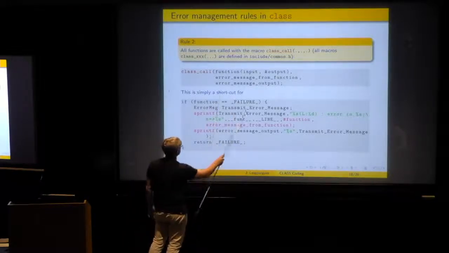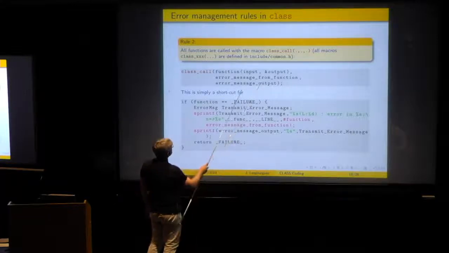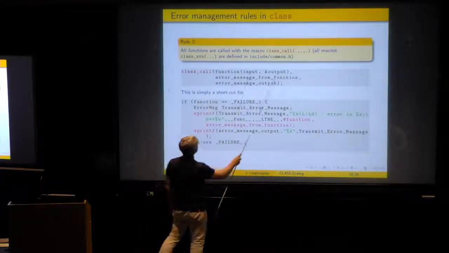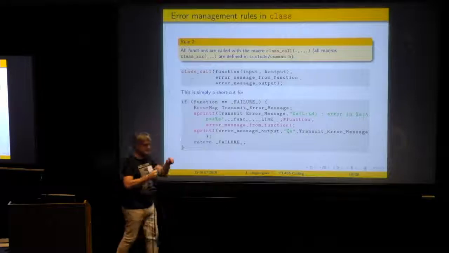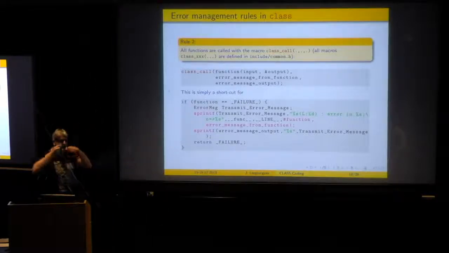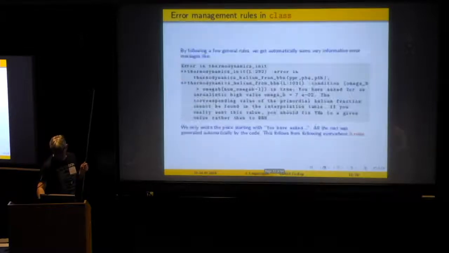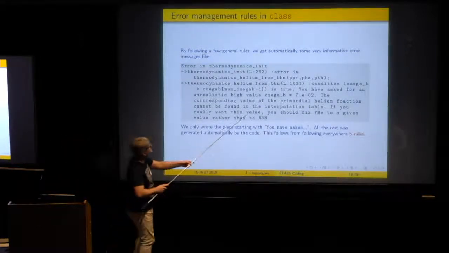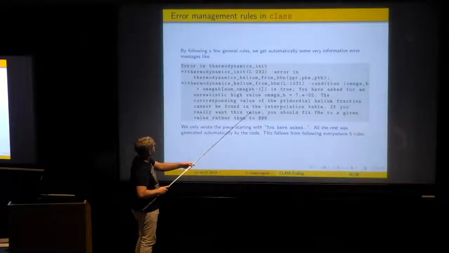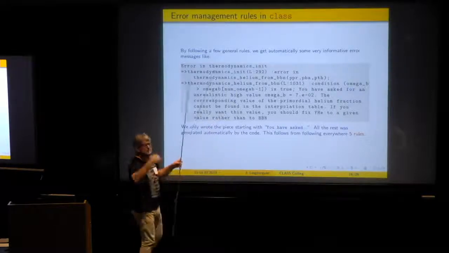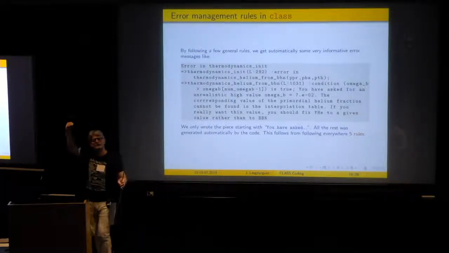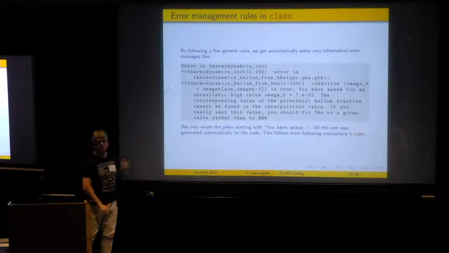So the error message output will contain the automatic line and the error message from this function. And this happens in nested sequences, such that at the end, you always have the final error message where the error really happens, and before that, all the tree of calls and functions that led to this.